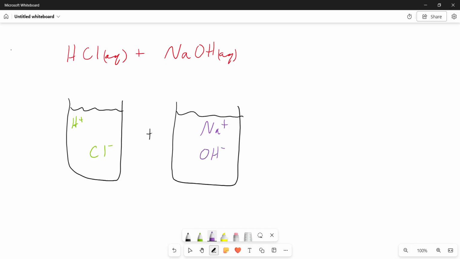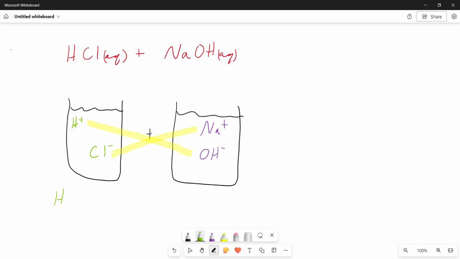So now, just like with precipitation reactions, we have to figure out what's going to react. Well, it's the cation reacting with the other anion, so H+ and OH-, and then the opposite will happen here as well. So let's write out our equation first, or our reactants.